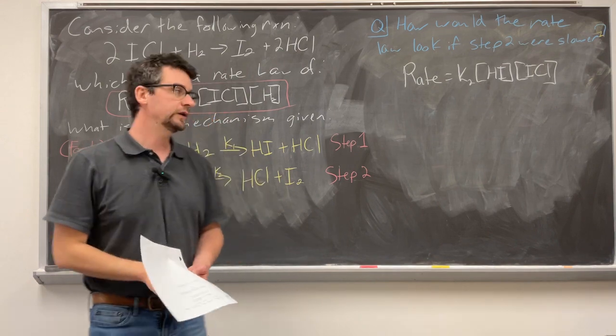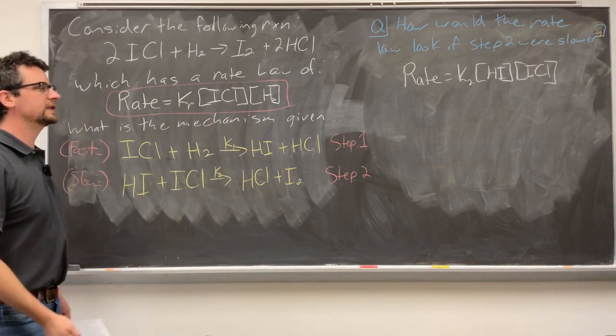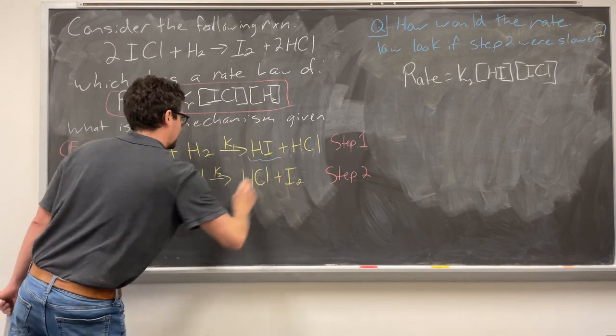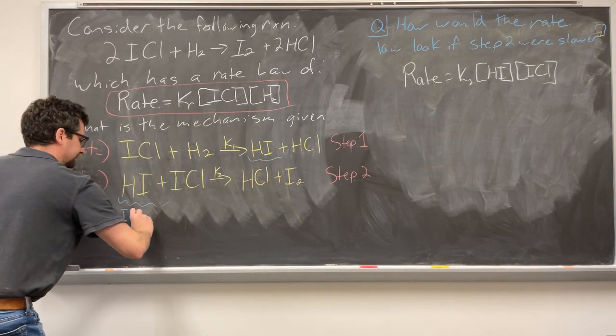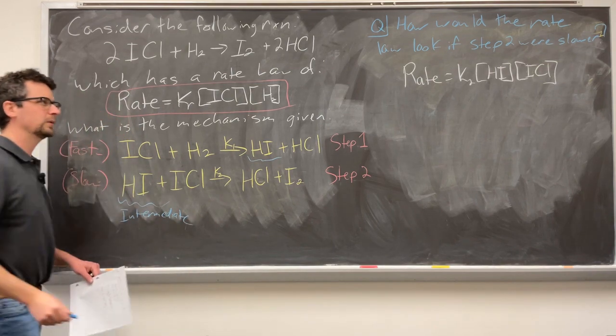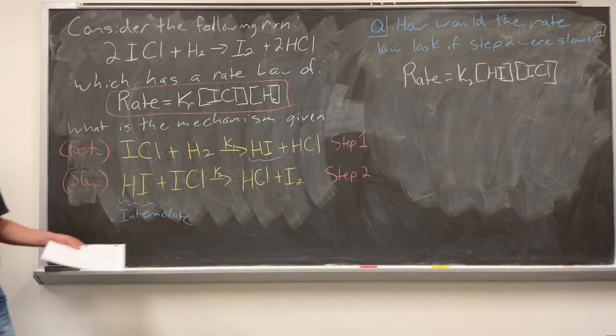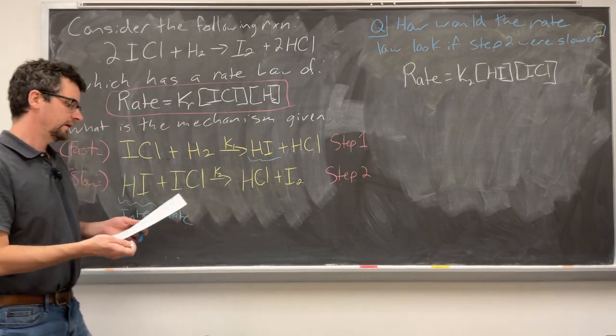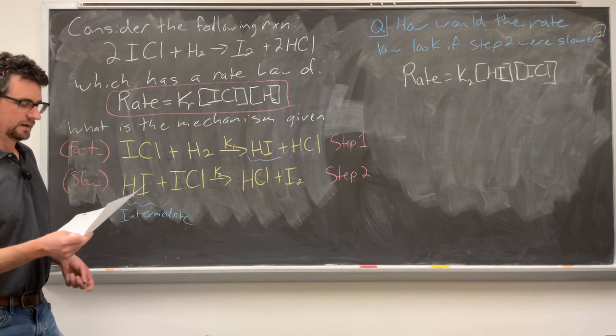However, there's an issue with defining the rate law based upon this. If you look, HI, that's an intermediate. So we really don't want to define a rate law based upon an intermediate. So we're going to have to look at another way to define this.